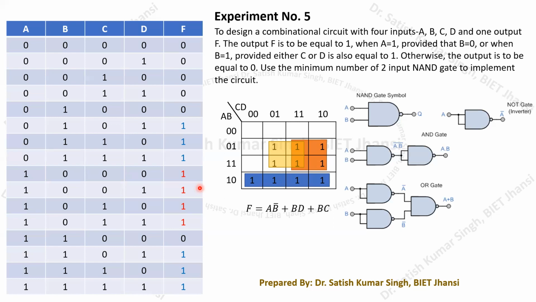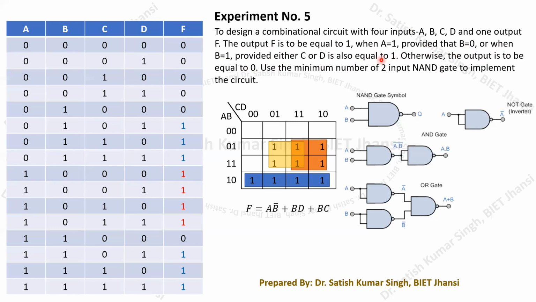Next, if you continue to read the statement, you will find that the output F is to be equal to 1 either when A equals 1, provided that B equals 0, which we have already done, or when B equals 1, provided that either C or D is equal to 1.